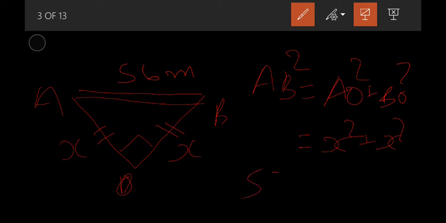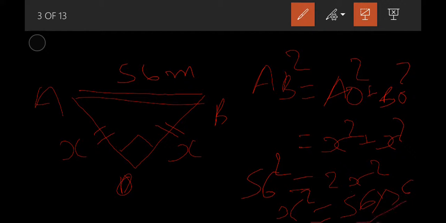That means 56 square is equal to 2 times x square, so x square equals 56 into 56 divided by 2. In that way we can find x square.